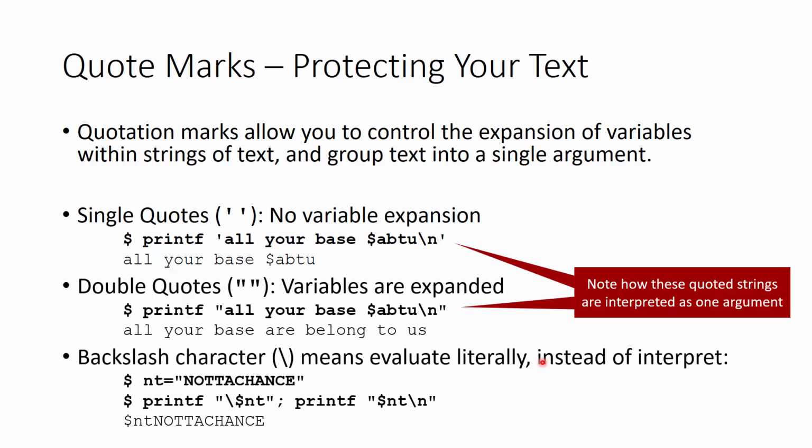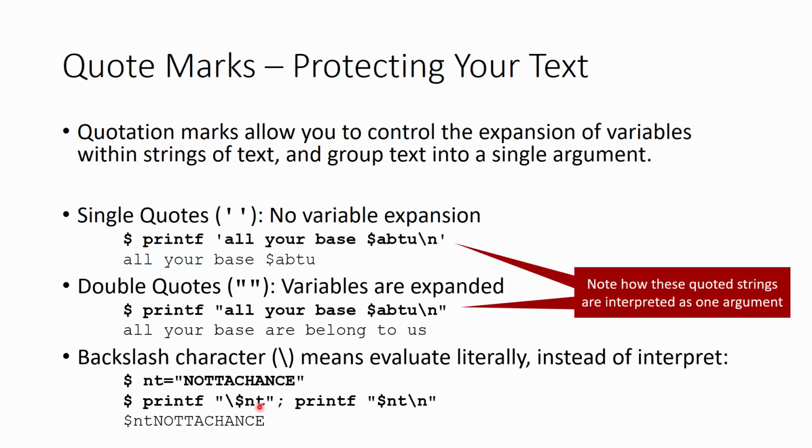So the backslash character, when we're using it not attached to an n, but when we're using it against some other special character like a $, means to evaluate it literally and not to interpret that as a control character. So if I set up a variable nt and set it equal to the string "not a chance", then I use two printfs in succession here. I'll printf \$nt.